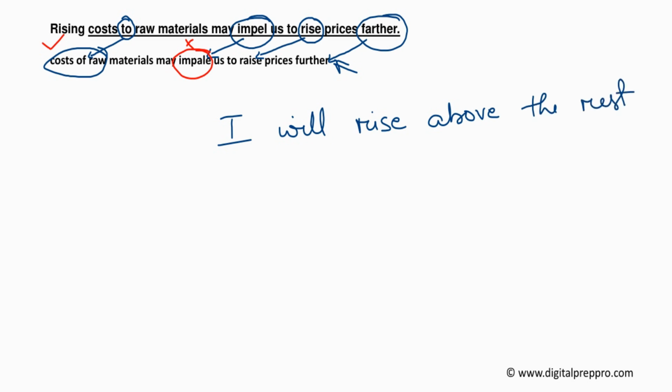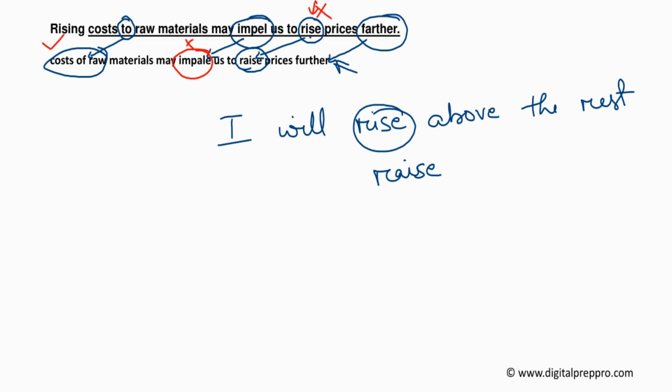Rather, if this word is changed to raise, raise means to bring up, as in the upbringing of somebody. Or raise can also mean to make the value or the cost of something higher than what it was previously. So raise fits in this sentence, rise does not fit in this sentence.